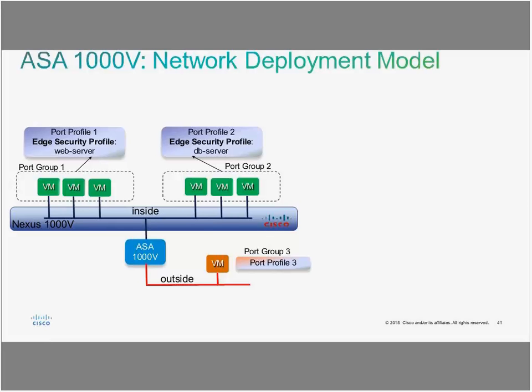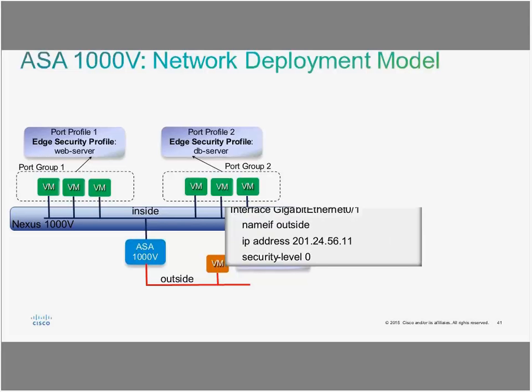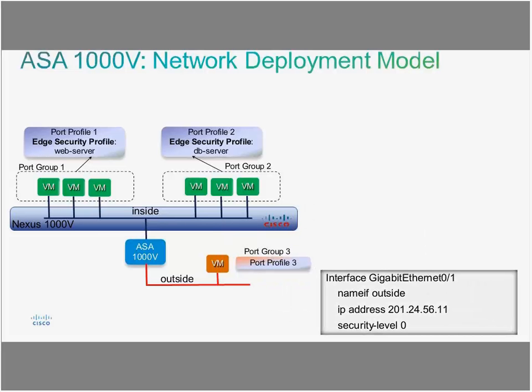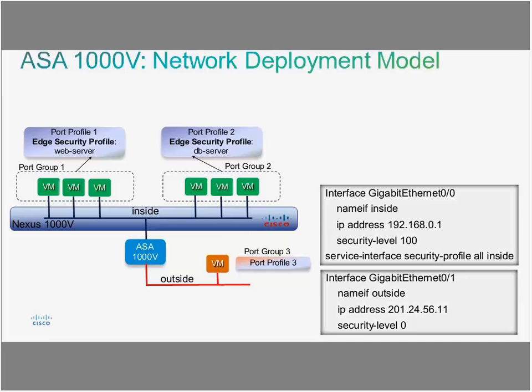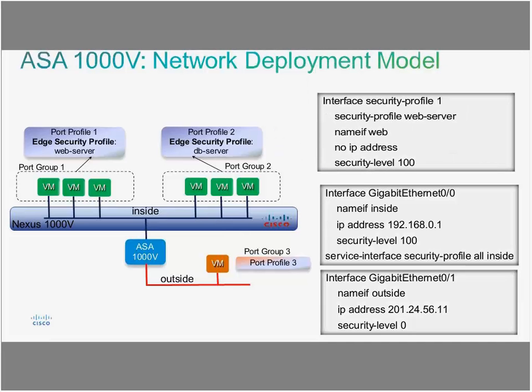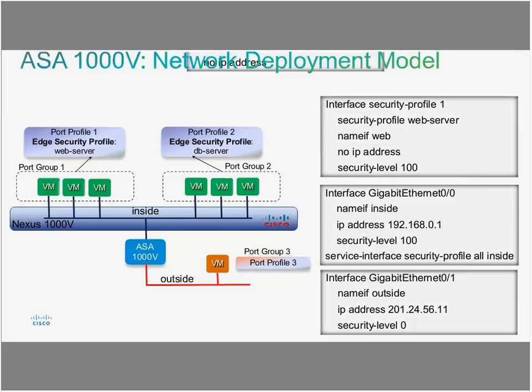Deployment model for ASA, you have inside and outside interfaces as with any traditional firewall, where inside is the most secure and the outside is subjected to any further policies. So what we do is we first create the interface configuration in ASA for outside. We create the policies for the inside interface, and then any virtual machine profiles will be created.